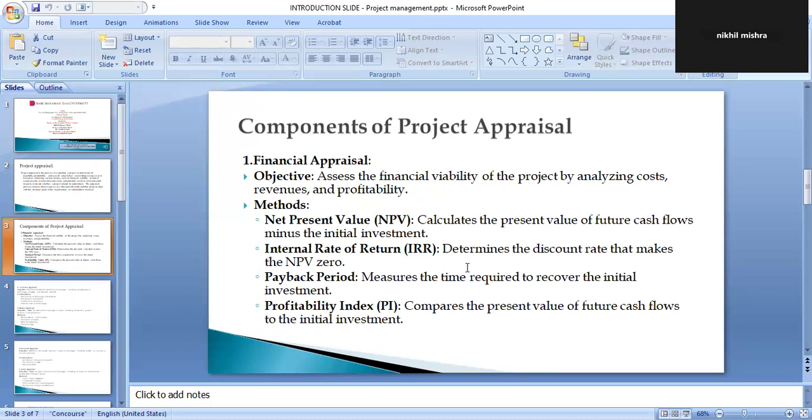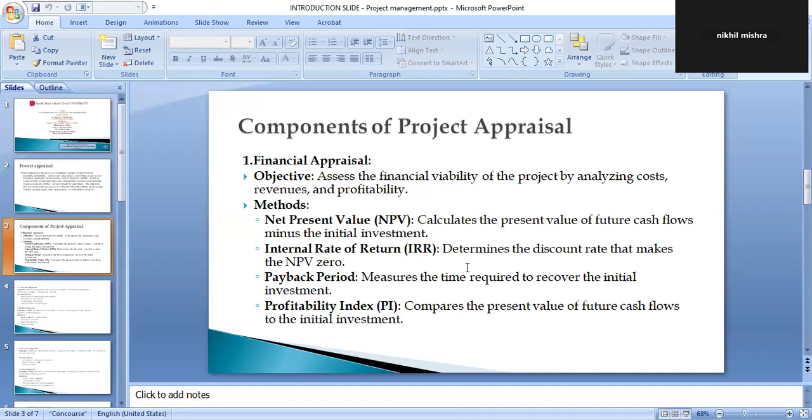Financial appraisal involves various methods, which are basically of two types, divided by whether they take time value of money into consideration. One is the discounting and the other is the non-discounting techniques. Discounting techniques comprise the calculation of net present value, internal rate of return, and profitability index.